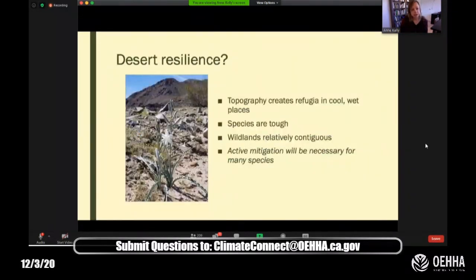So are there signs of hope or resilience in California deserts in the face of this more extreme climate? The diverse topography of mountains and valleys provides small refugia in cool, wet places at higher elevations if the seeds can get there. And presuming the springs are still there and don't dry up. Desert species are tough.